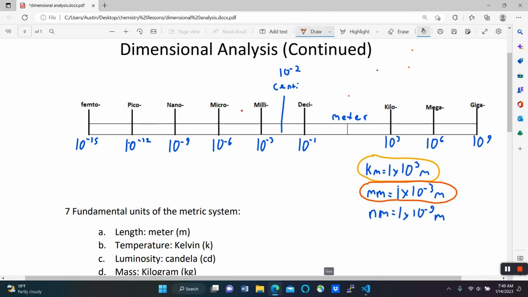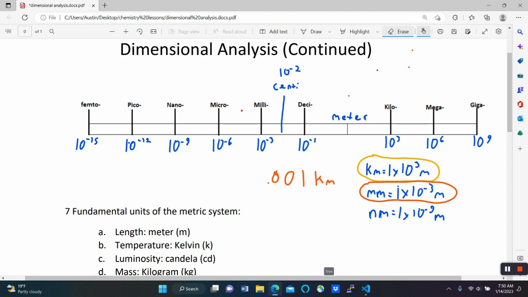So to convert 1 meter into its equivalent length in kilometers, we're basically moving our decimal to the left by 3 spots. That's a relatively easy way to look at it. So I've basically converted 1 meter into its equivalent length in kilometers.